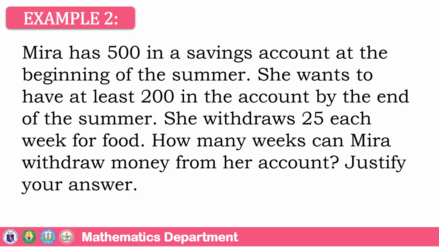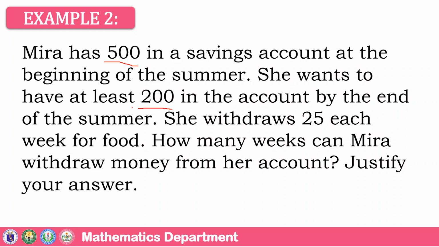Justify your answer. So, dito, so yung original na pera ni Mira nung nag-start yung summer is 500 pesos. Now, dahil nag-withdraw siya lagi, every week, para sa kanyang food, ng 25 pesos. So, ang gusto niya, bago matapos yung summer, meron siyang matitira doon sa kanyang saving na at least 200 pesos.